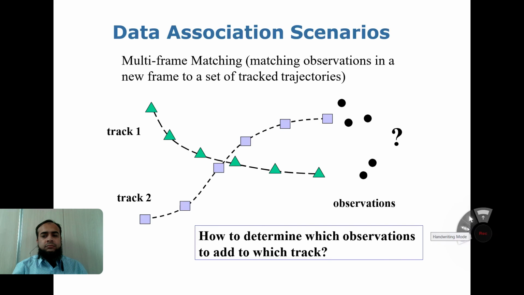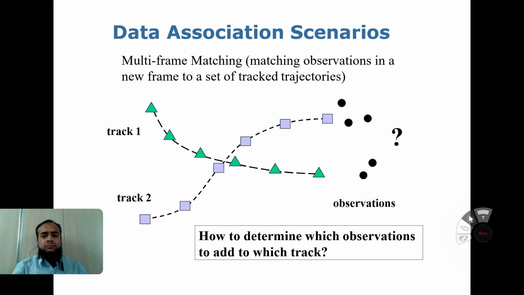Now let's see another scenario for data association: multi-frame matching of observations in a new frame to a set of tracked trajectories. Suppose the square-shaped measurement is track 2 and the rectangular shape is track 1. Here these are the observations in the current scan, and suppose in the current scan there are two tracks.